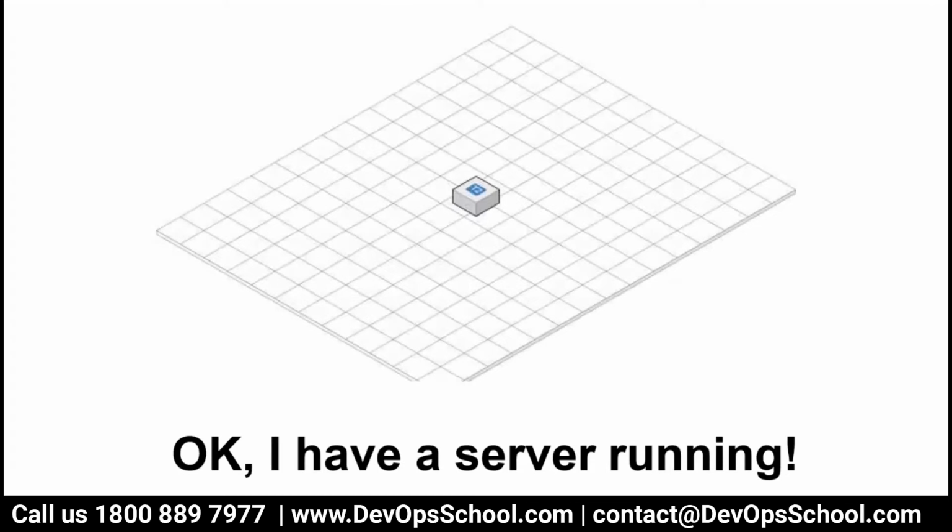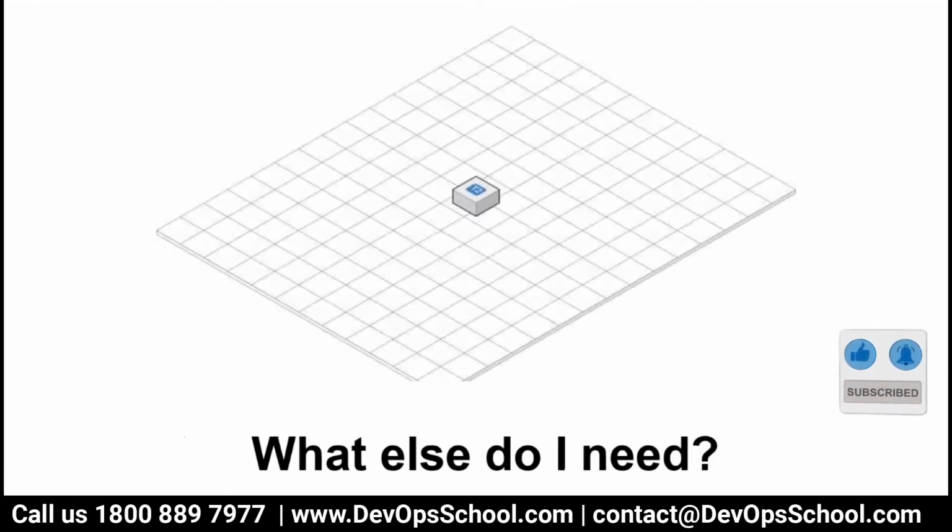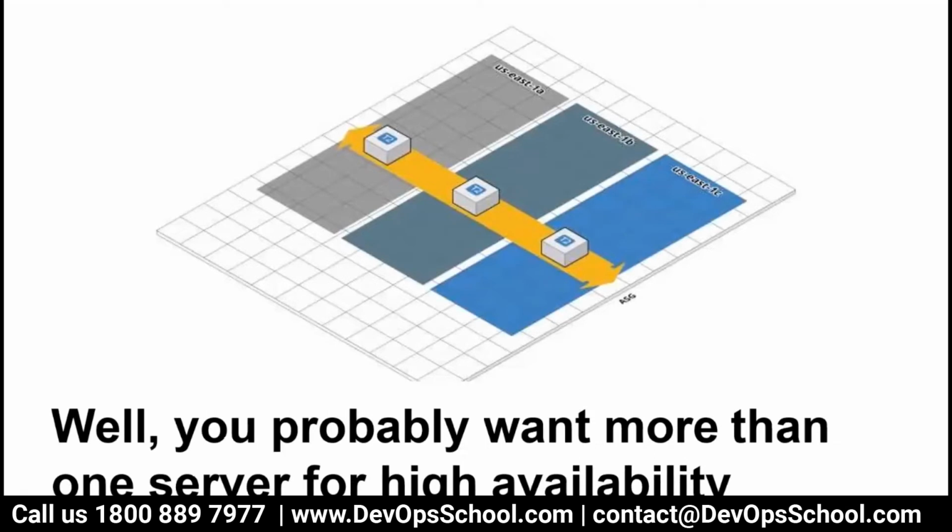All these things you will spend time on, and maybe your servers are running. Okay, so you got these servers up and running, and then you'll think what else needs to be done. So you probably want to set up more servers.